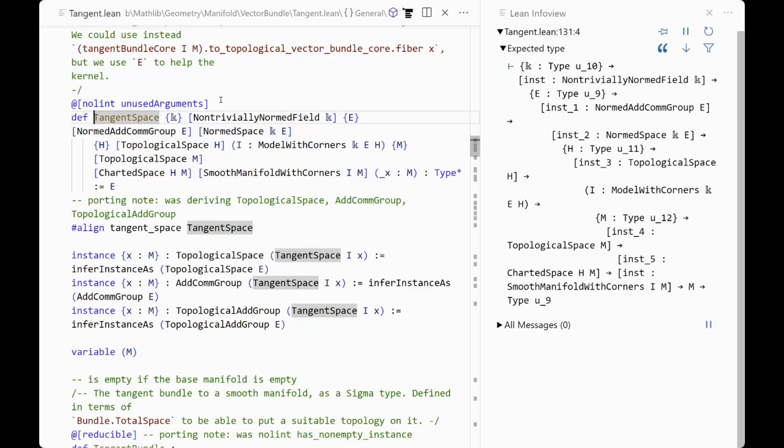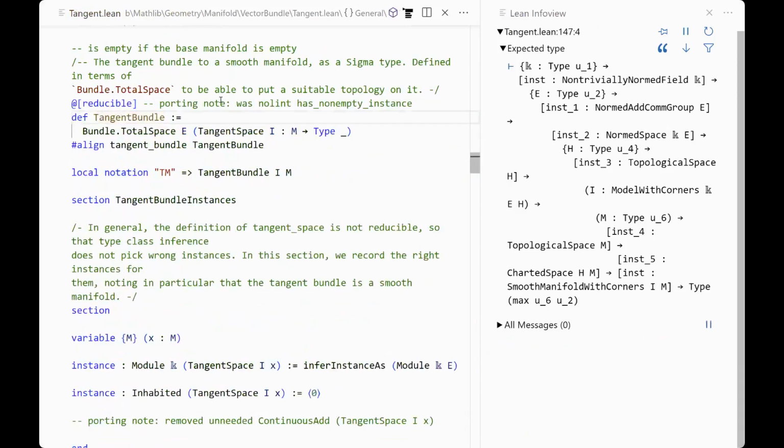And then the tangent bundle is just the total space. So view the tangent space as a bundle over M, which in dependent type theory is just a dependent type. So for every point in M, we take a type, which in this case is just E, and then we take the total space of that.